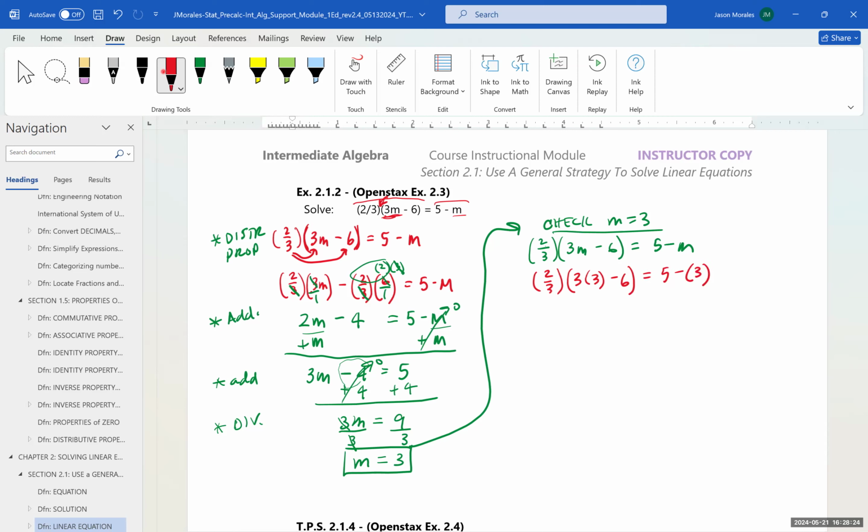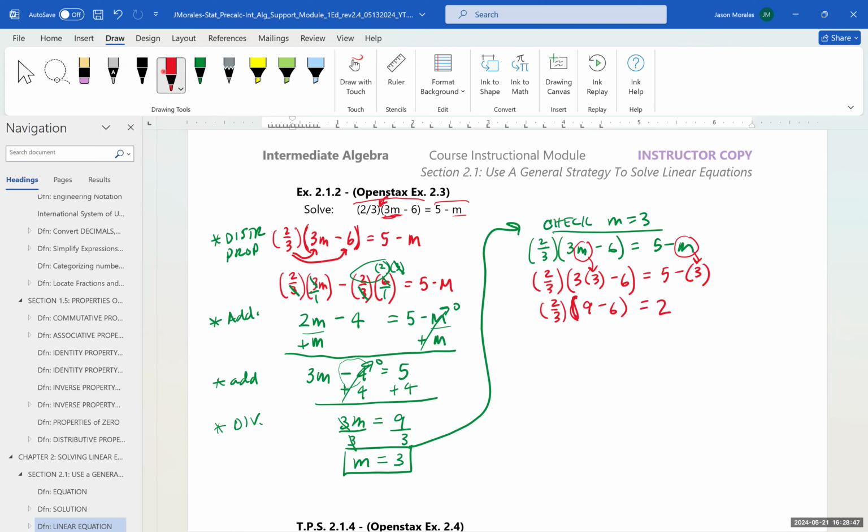Like that. So here, m is 3 and m is 3. So let's try and simplify this. So we're going to have 2/3. 3 times 3 is 9. And 5 minus 3 is 2.